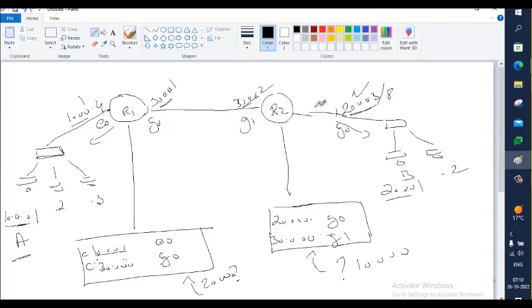Static route is writing a route. For example, in our router one's routing table, we go and say, if you want to reach the 20 network, send the packet via G0.